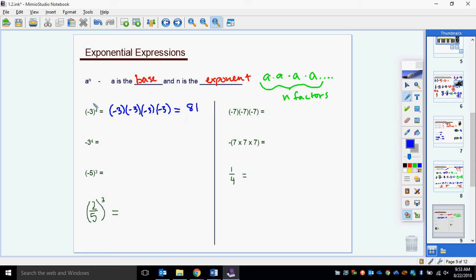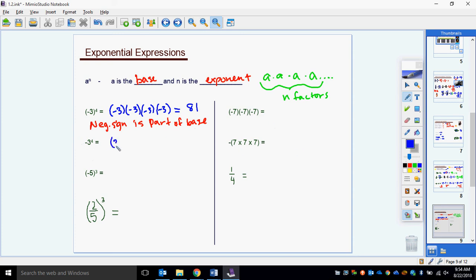Something I want you to notice is the parentheses. In this example, they are collecting the negative 3 inside, so the negative sign is part of the base. But in this problem, the negative sign is not part of the base. It's not covered or surrounded by parentheses.